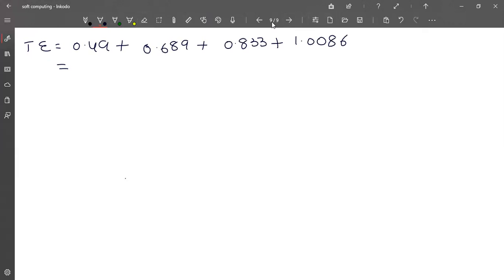So now we have to add this and we will be getting 3.02 as our error in our first epoch.